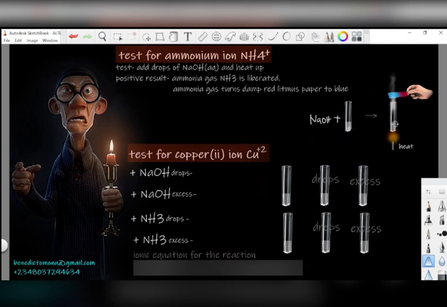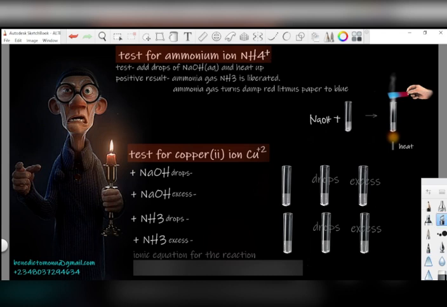There will be effervescence. A gas will come out of that reaction. And if the gas turns damp red litmus paper to blue, that confirms that the salt or the sample is an ammonium salt. It contains the ammonium ion.